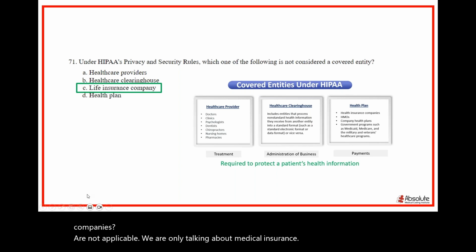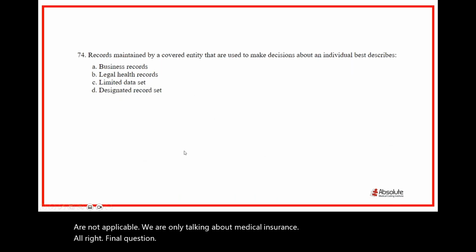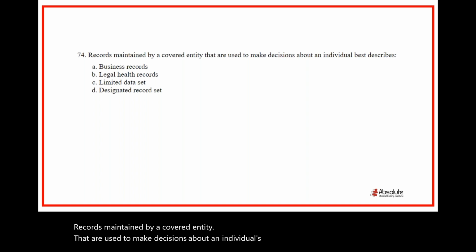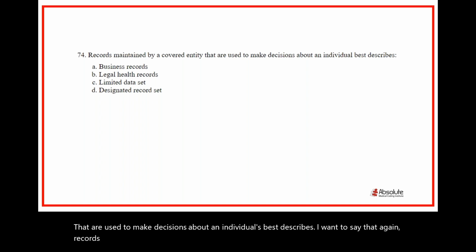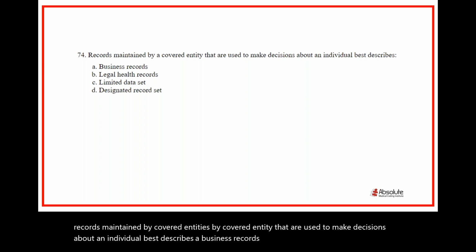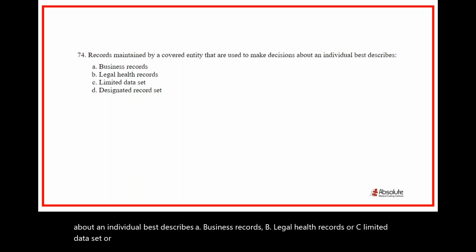All right. Final question. Records maintained by a covered entity that are used to make decisions about an individual best describes A, business records, B, legal health records, or C, limited data set, or D, designated record.